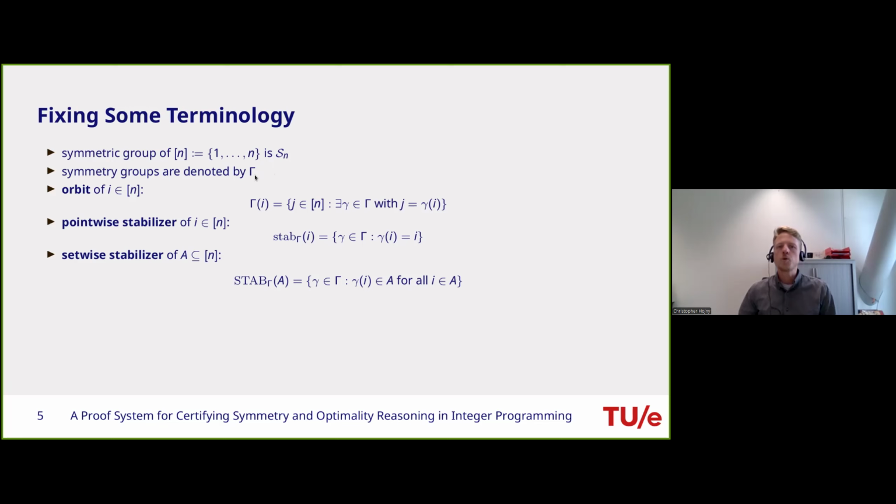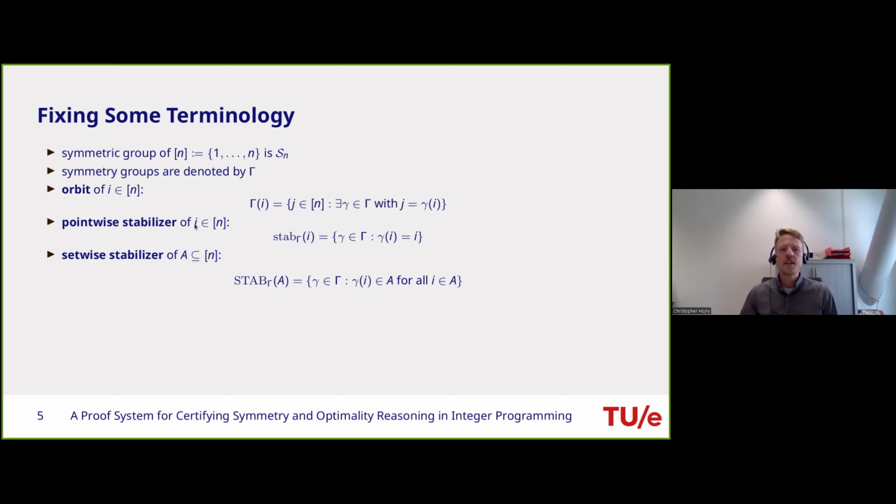In the following, when you see a capital gamma, this will always correspond to a symmetry group of my mixed integer program. If I take a variable index i, then its orbit is given by all the possible images with respect to permutations in the symmetry group gamma. So I take my variable index i, apply all the possible permutations that I have in my group to i, and then collect the images j that I can find this way.